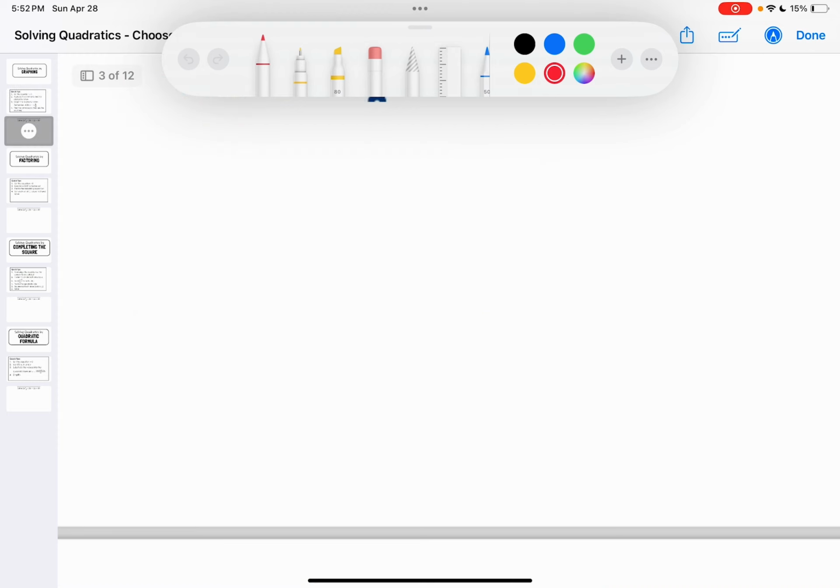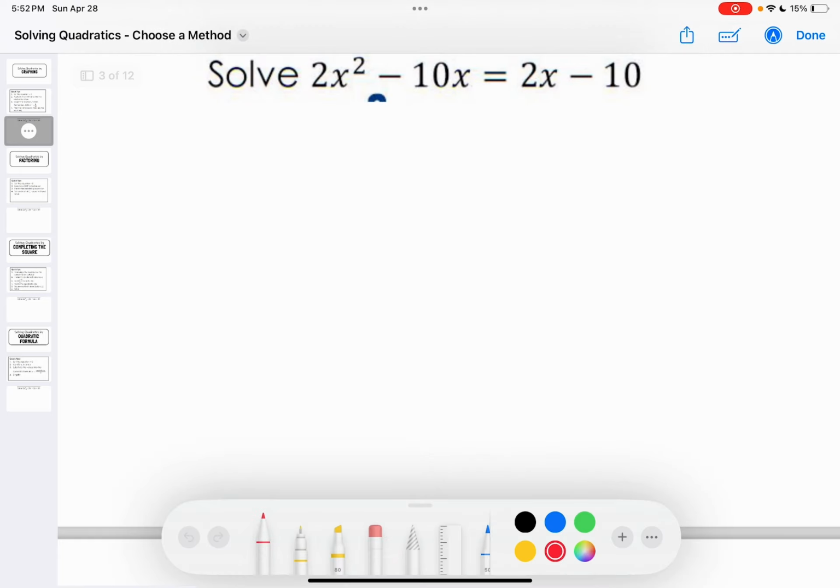So if we look at this problem, again, what we're going to do is first get everything to one side. So we're going to subtract 2x as well as add 10.